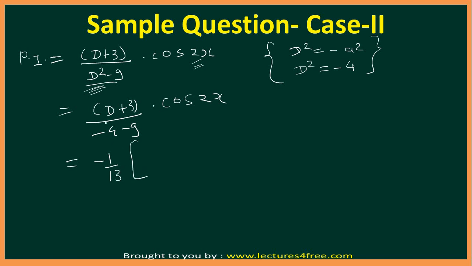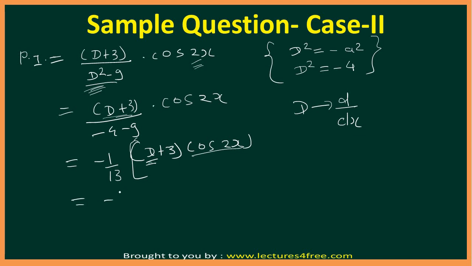Now see this, what is d plus 3 acting on cos 2x? As we know, d represents differentiation, d by dx. So let's multiply d with cos 2x, then you will get the differentiation of cos 2x with respect to x.